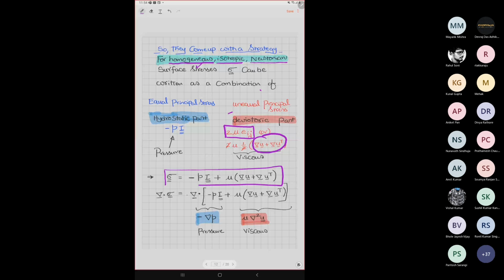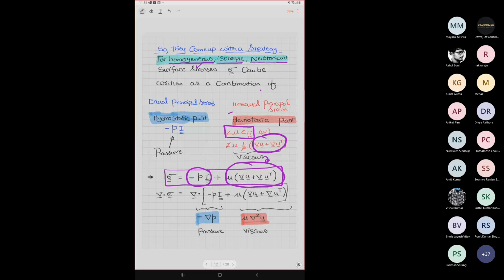Then the rest of them jumped on to say, aha, materials always have something like viscosity. Whether it is solid, liquid, gaseous, or whatever, they possess viscosity. The only terminology is different. Sometimes we call it bulk modulus of elasticity, sometimes we call it something else.